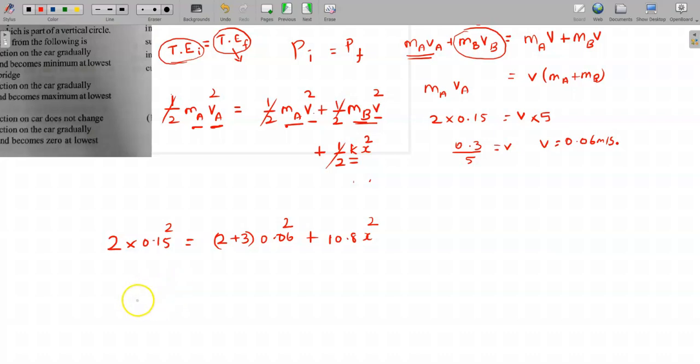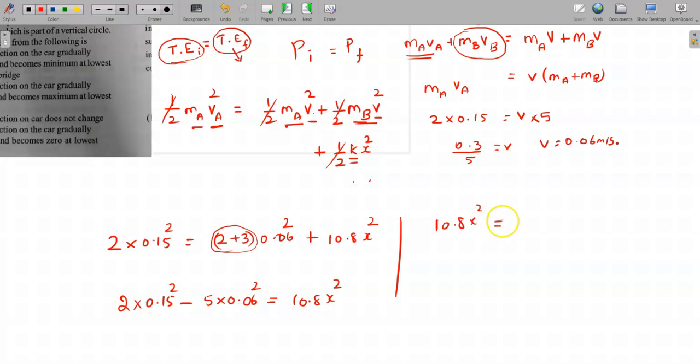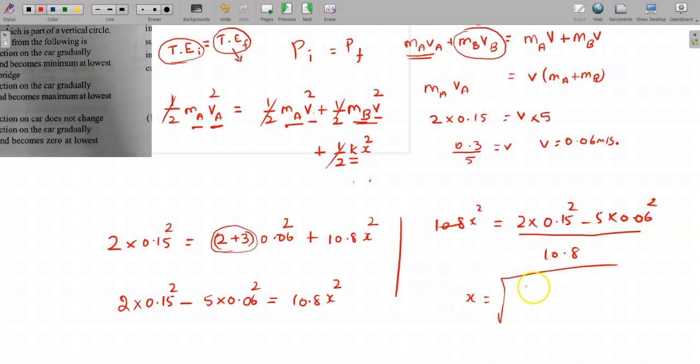So you can find 2 times 0.15 square minus 5 times 0.06 square is equal to 10.8 x square. Then this divided by 10.8. If you take the square root of all the values, you will get 0.05 meter.